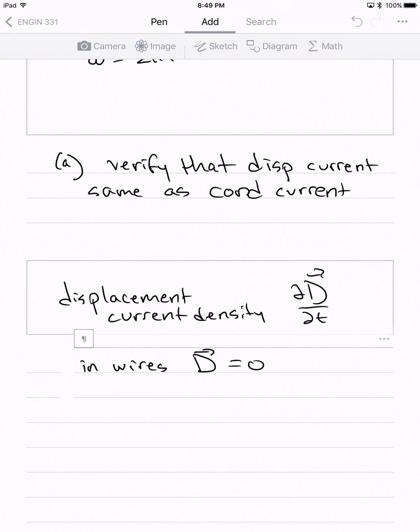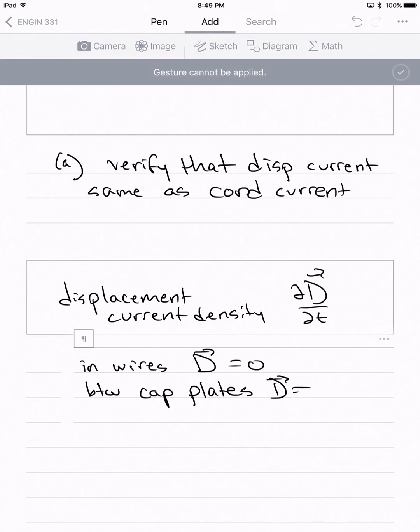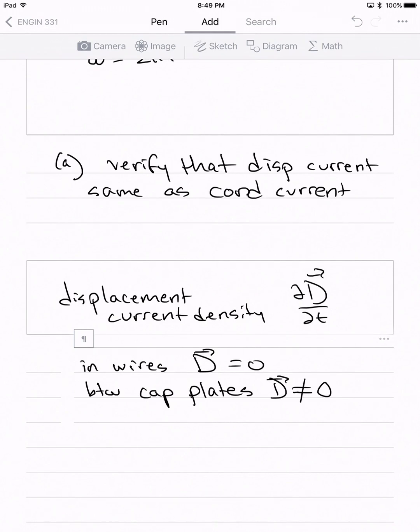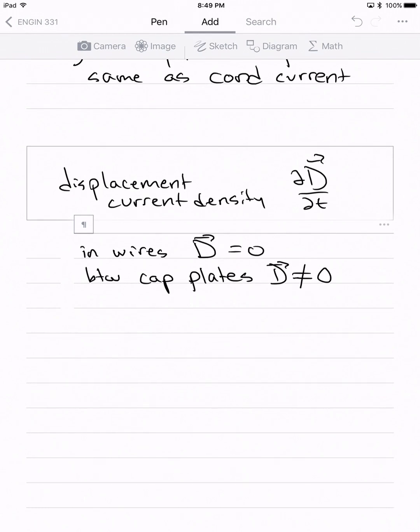In the space between the capacitor plates, D is not going to be 0. So that's where we're going to find out what the displacement current is. How much displacement current is there?